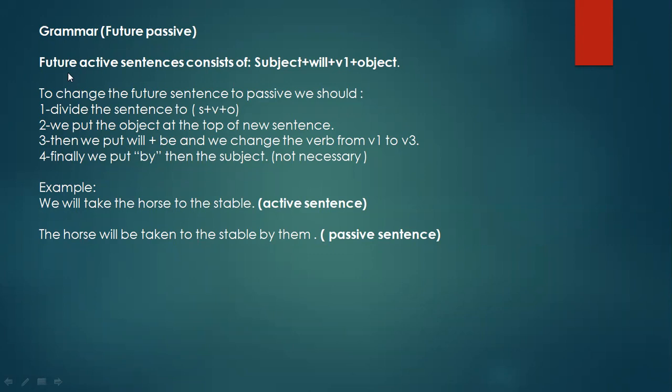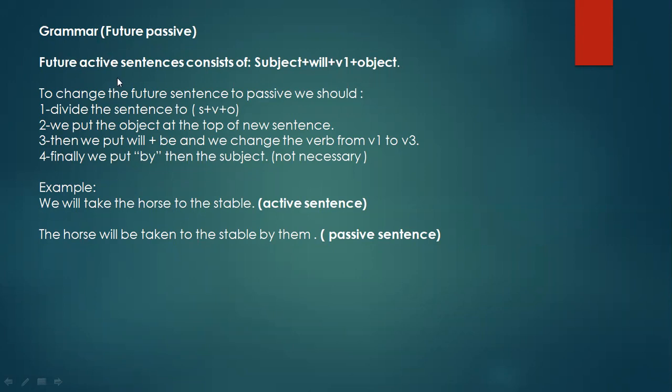In a future active sentence, we start with the subject, الفاعل, then will, which is سوف, then the verb one, which is the base form, the verb I want to use with will, then the object, المفعول به.